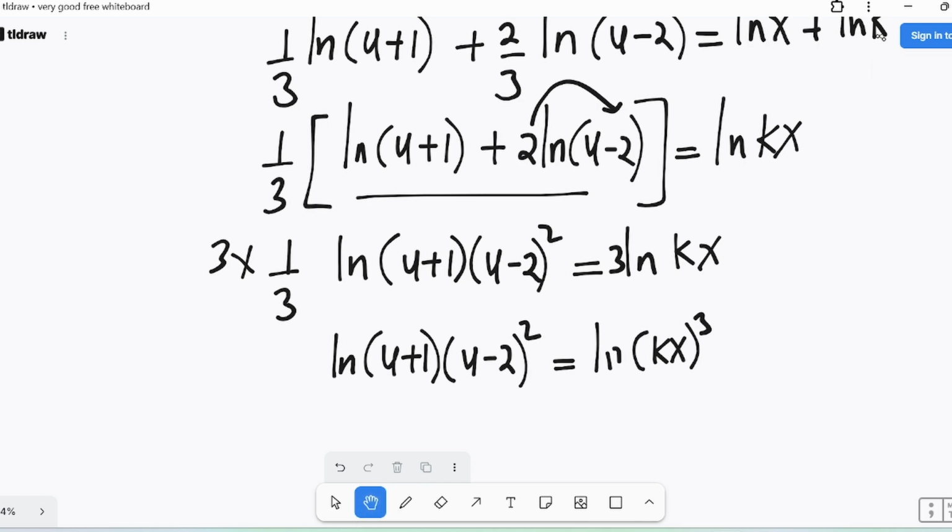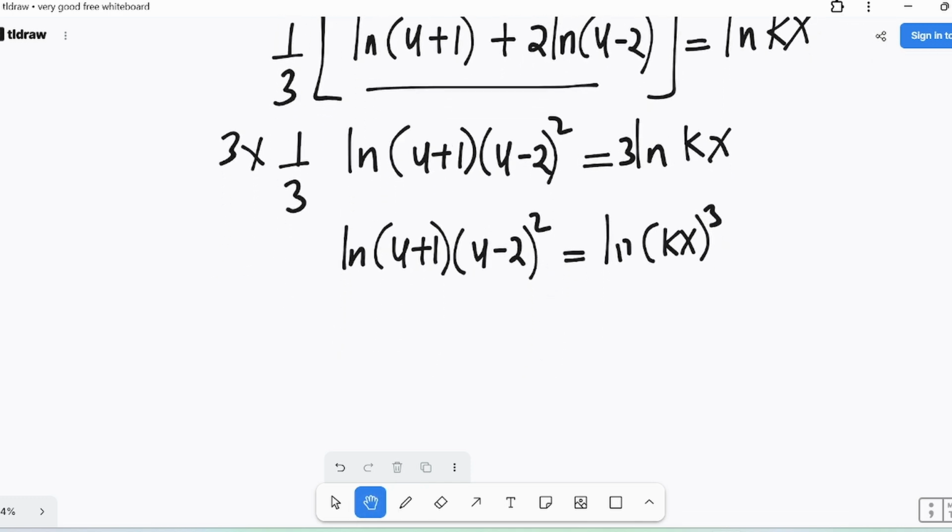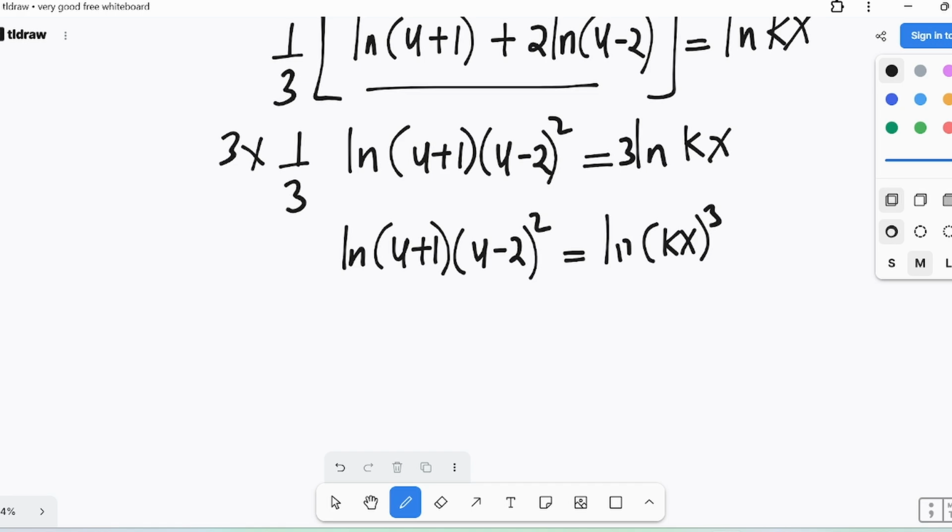Therefore, since these are logarithms, u plus 1 into u minus 2 everything squared is equal to kx everything to power 3.